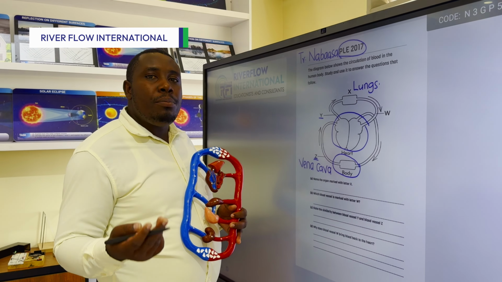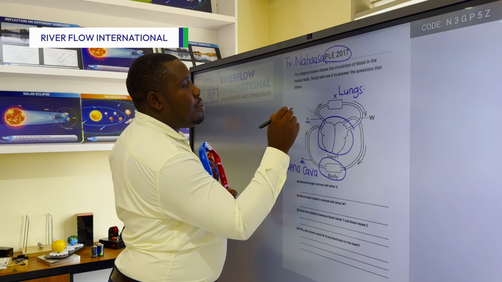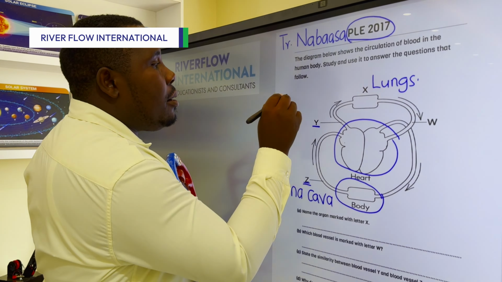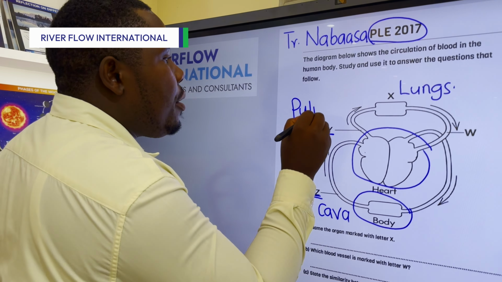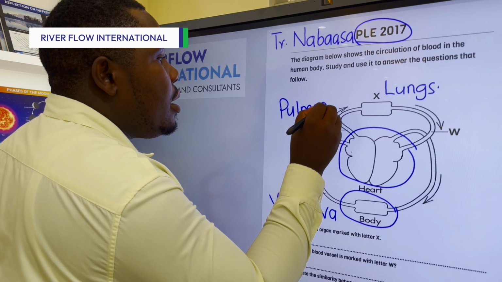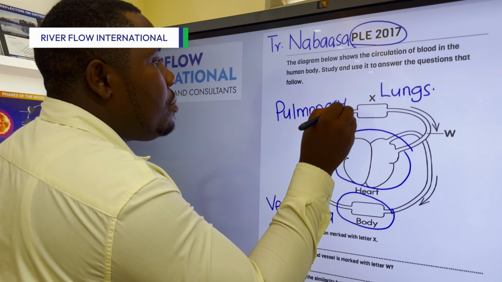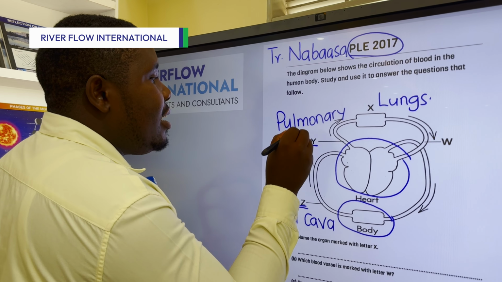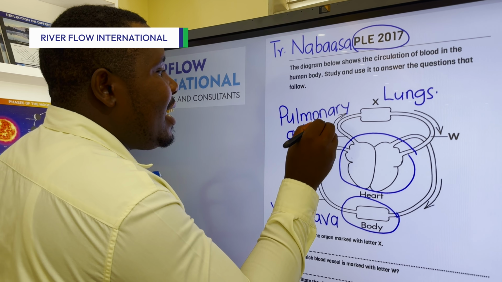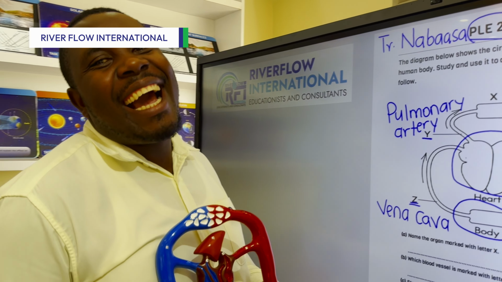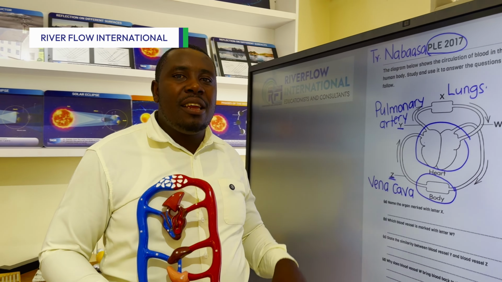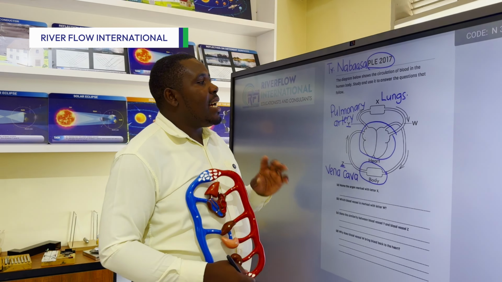That one will still be deoxygenated blood. And therefore, Y will be pulmonary artery. There is what we always say, that all arteries carry oxygenated blood except pulmonary artery, and you can see it here.